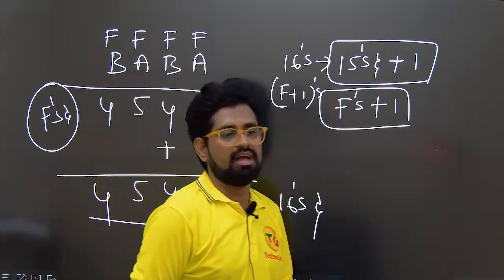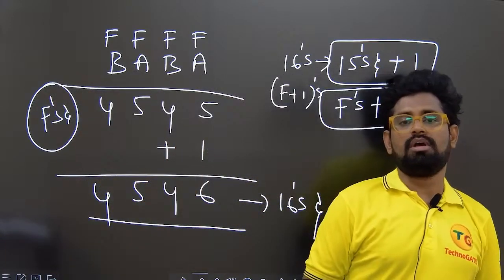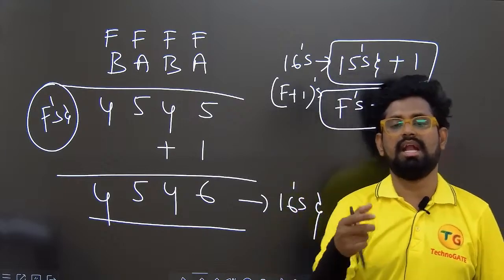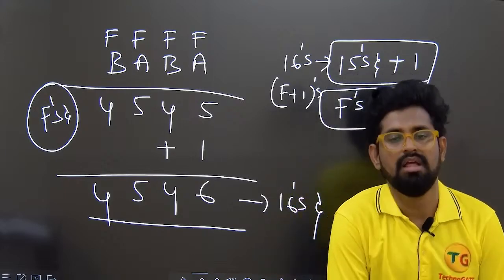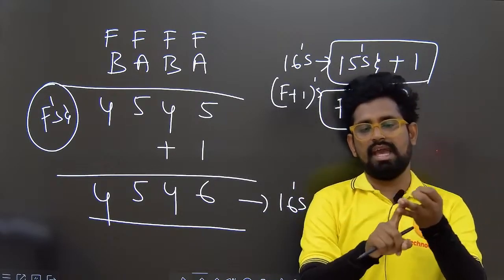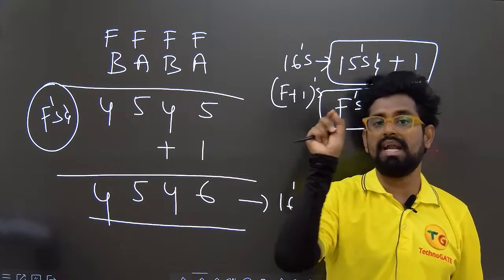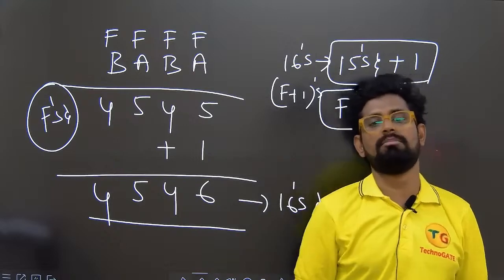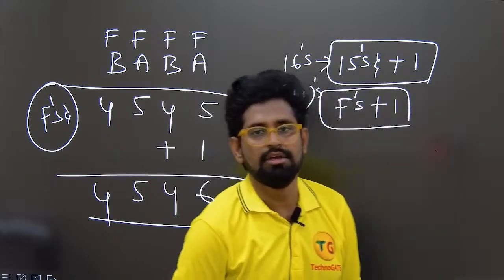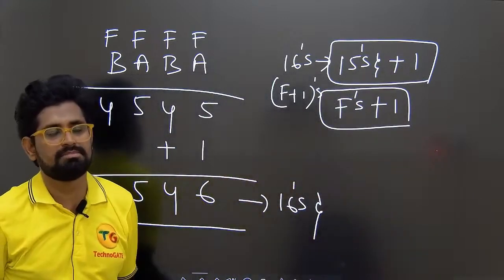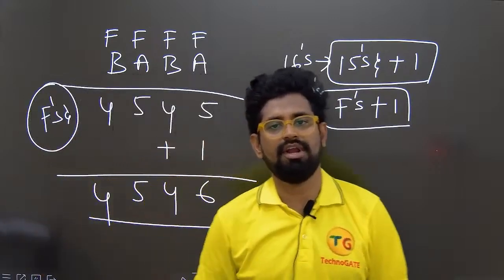In lecture 3, I explained how to represent data, that is data representation in digital: unsigned, signed, 1's complement, 2's complement, and 9's, 10's, 15's and 16's complement. This theory, these concepts, everything I covered here.